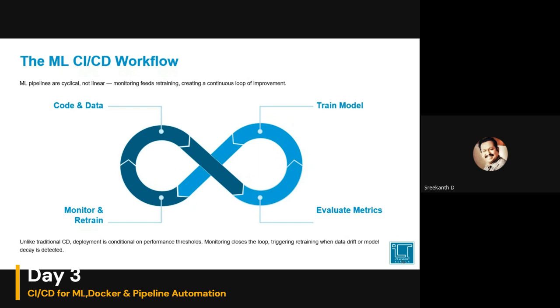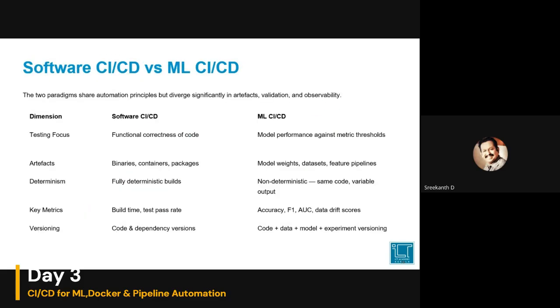We have taken this many steps, right? So the testing, validation, and everything is intact, right? Again, if you are comparing software CI/CD versus ML CI/CD, software CI validates correctness. That's all. Again, it is a rule-based correction.